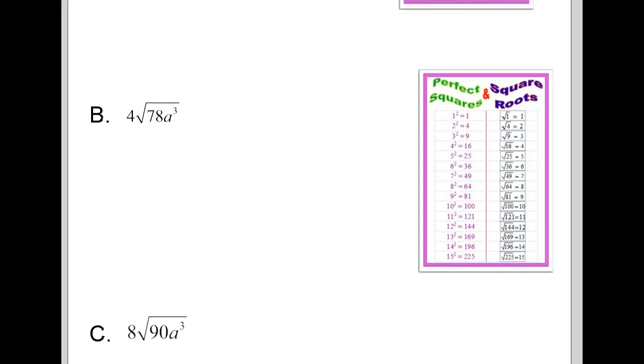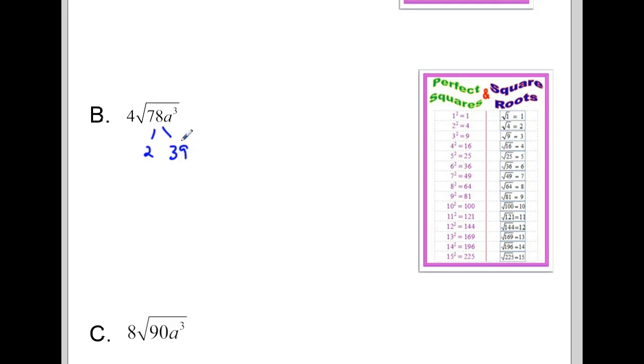All right, let's try 4 times the square root of 78a cubed. I look over here, and 78 is not one of my perfect squares. But maybe if I divide out a number, one of these will pop out. 78's even, so I'm going to divide out a 2, and I get 39.